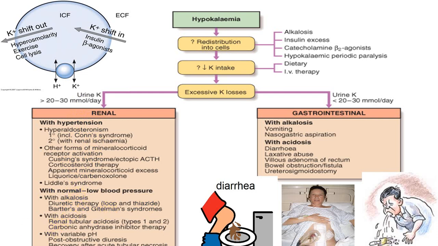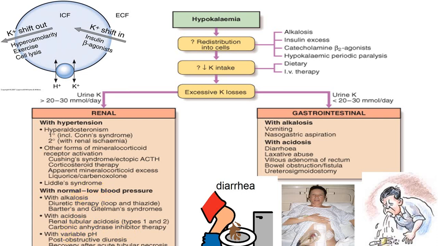With acidosis, it will be seen in type 1 and type 2 variety of renal tubular acidosis. And if the person is on a carbonic anhydrase inhibitor also, you will have acidosis with hypotension or normal blood pressure.